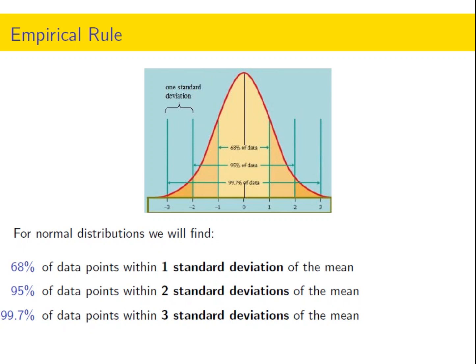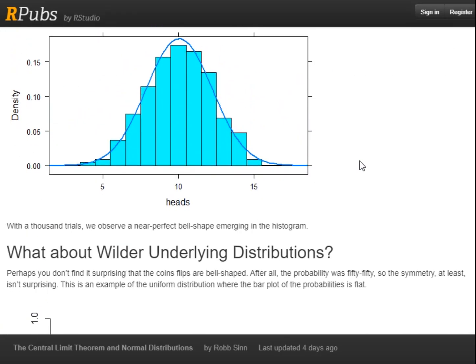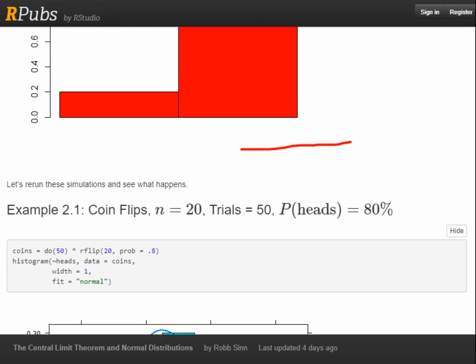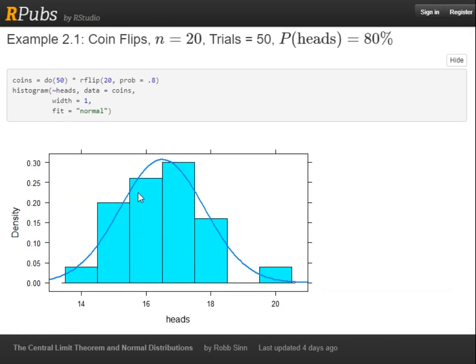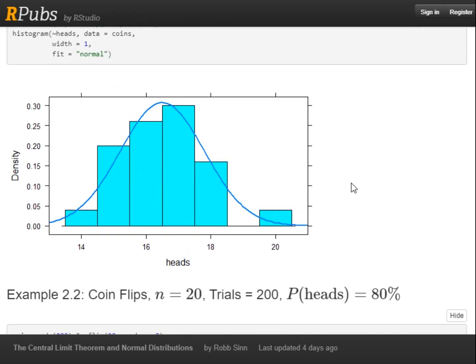So there are a lot of great simulations in the document. We're talking about these underlying distributions, and we end up spending a lot of time here illustrating these. We do random trials and coin flips and show the central limit theorem and the law of large numbers in action.